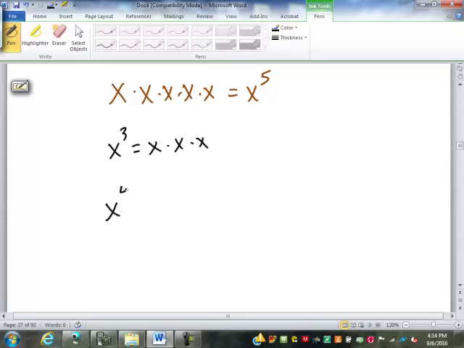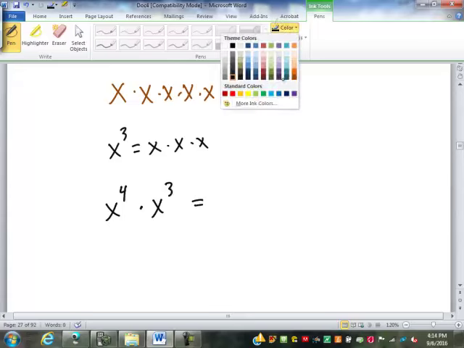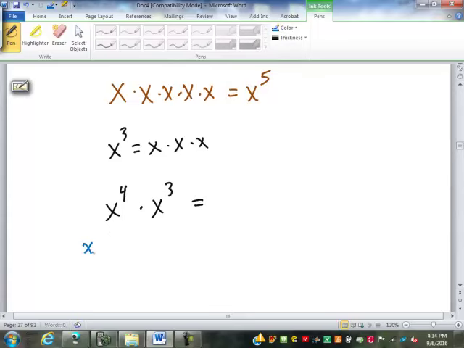If I have x to the fourth times x to the third, x to the fourth is 4 x's multiplied together. X to the third is 3 x's multiplied together. If I'm multiplying all that together, what do I have? X to the seventh.